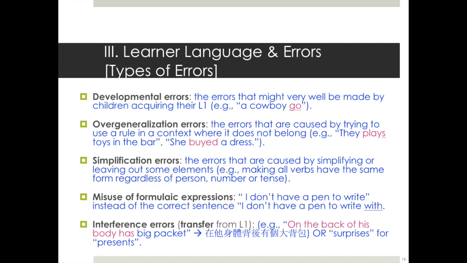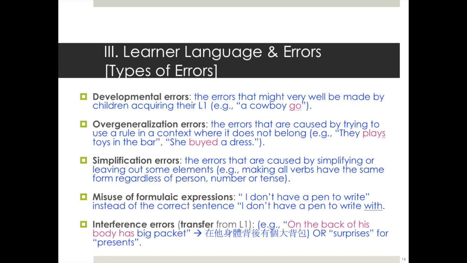Or, in the case of other languages, saying "surprises, I have a surprise for you," when the person means "I have a present for you," meaning the actual object, the present, but saying "surprise," "surprises" for present in the plural form.